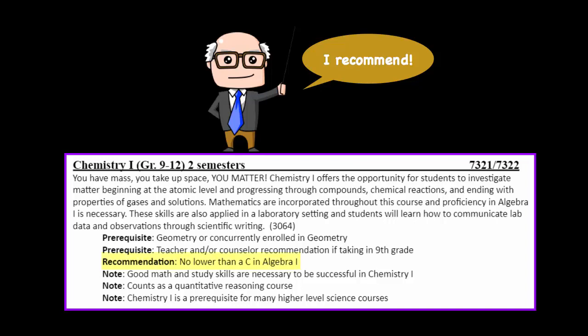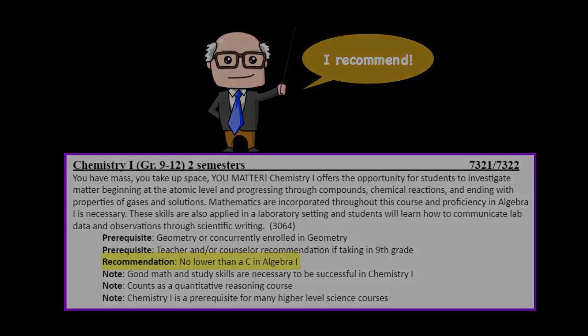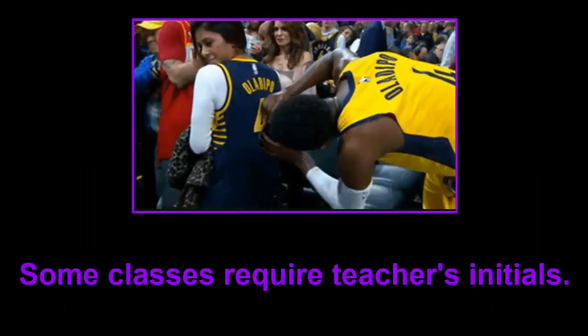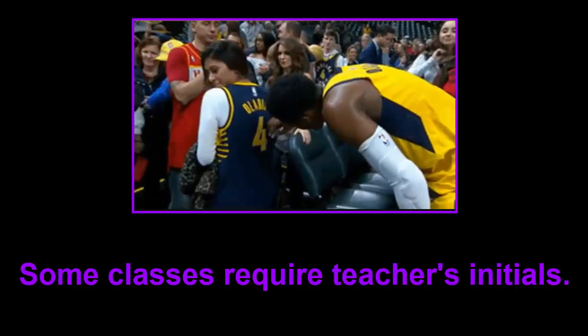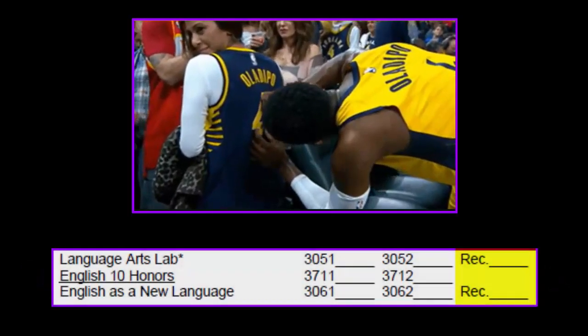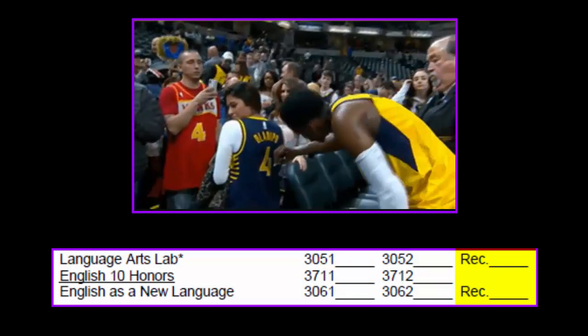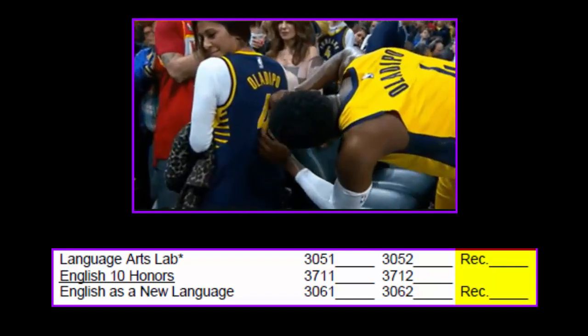For example, it is recommended students have an A or B in Algebra 1 to take chemistry. Some classes also require the teacher's initials on your course selection sheet to indicate their recommendation. Classes that require initials will have a line beside it on the course selection sheet for the teacher to initial.